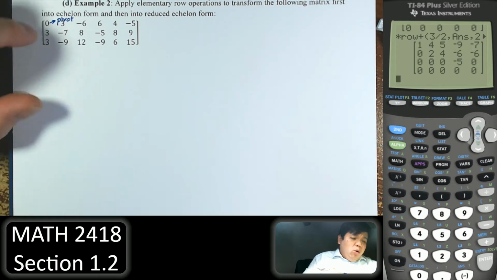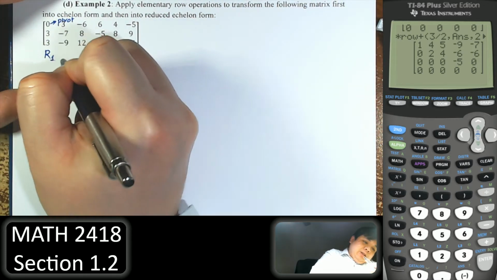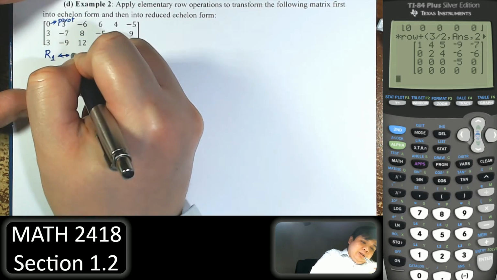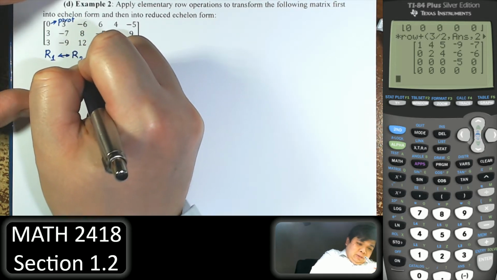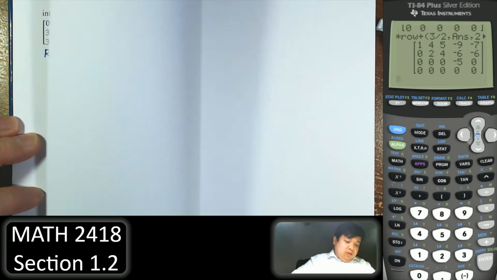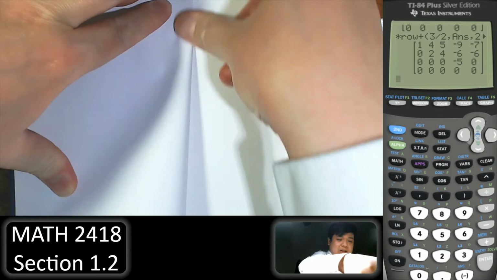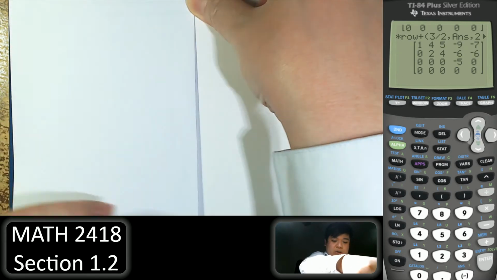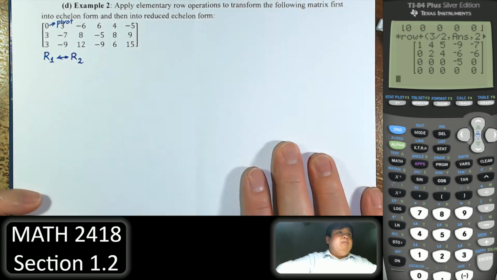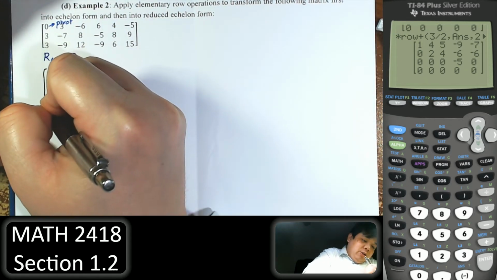Why don't we swap row 2 and row 1? Once again, I don't know how long the problem is, so I'll write on the half space so we have more space to do it. Swap row 1 and row 2.